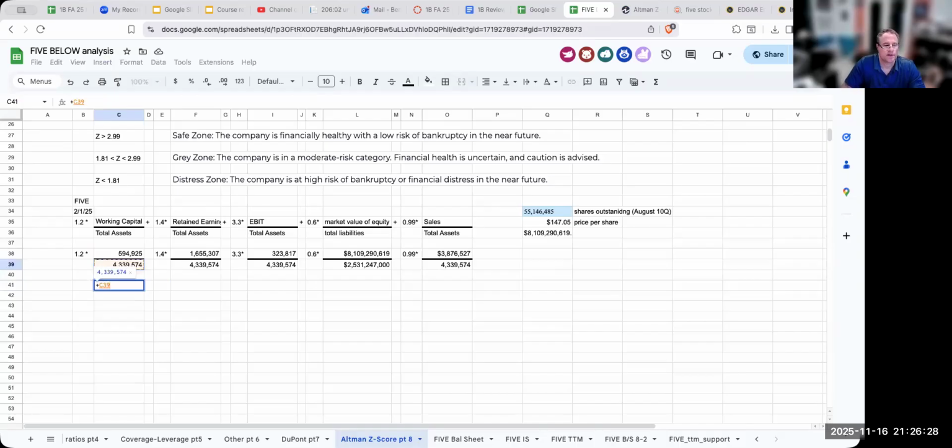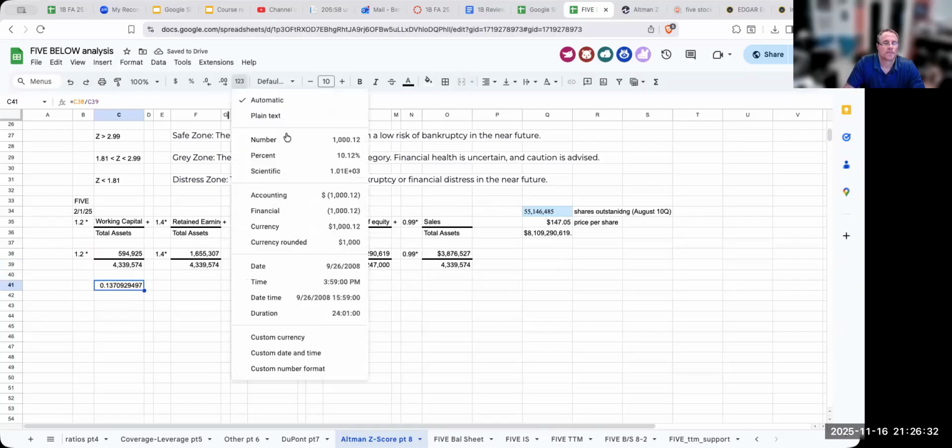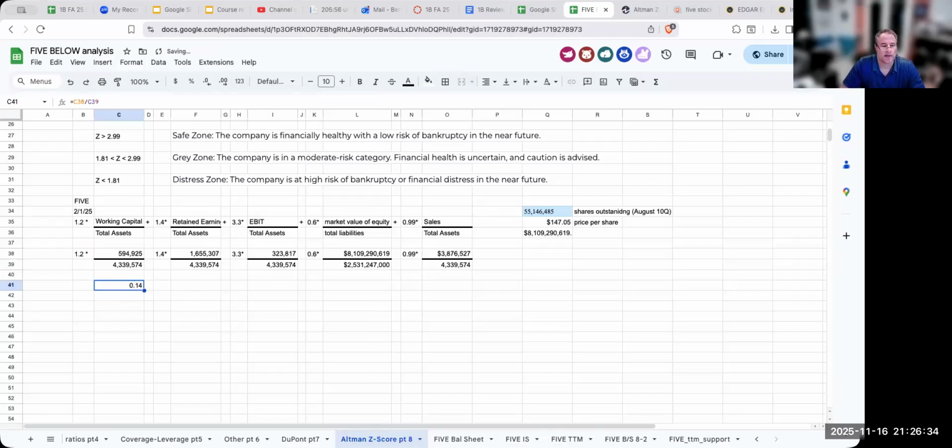We take this divided by this, and we'll make this nice and do these all across. Now we multiply this by our factors: 1.2, 1.4, 3.3, 0.6, and then 0.99.